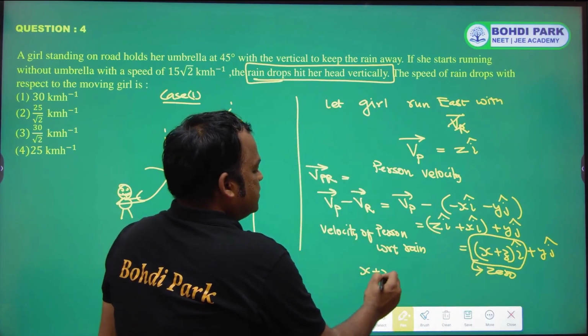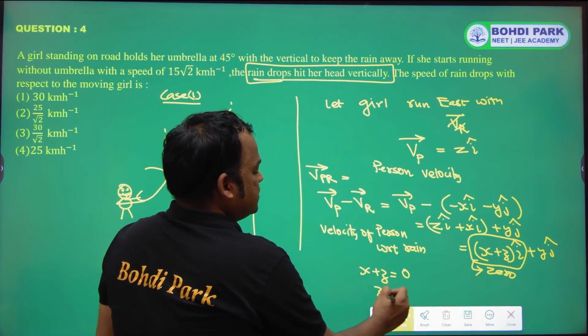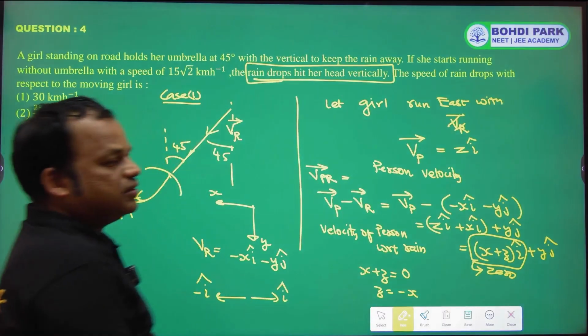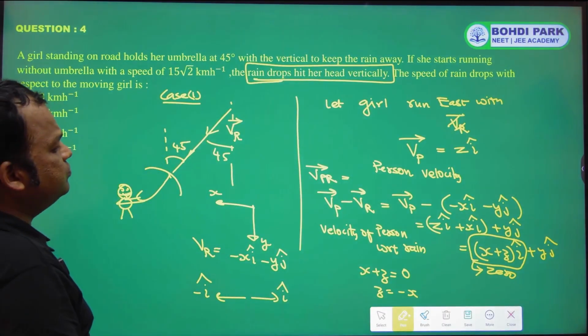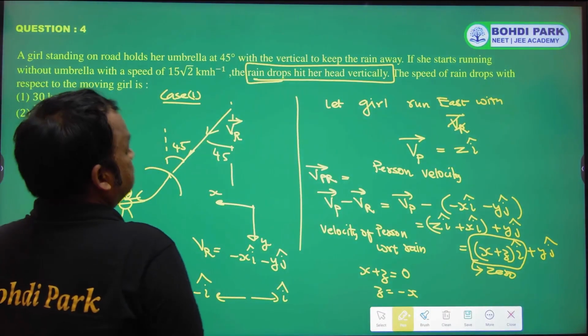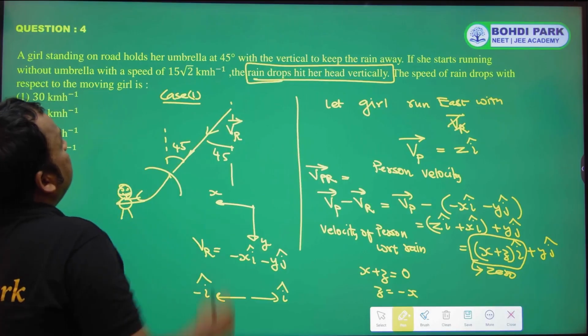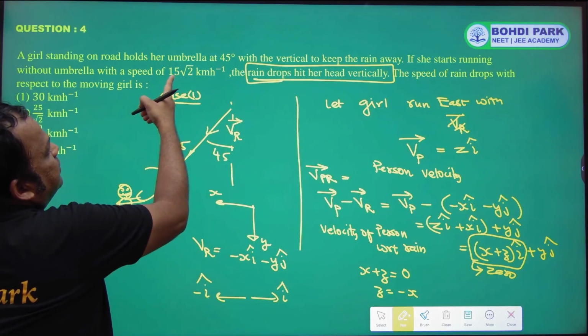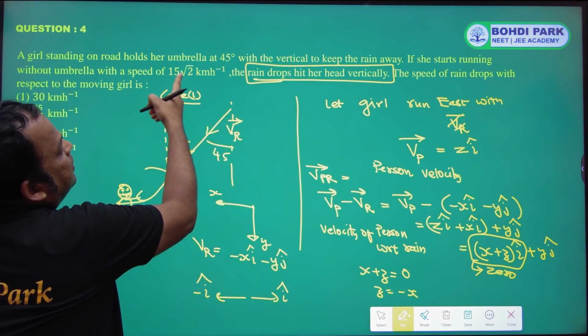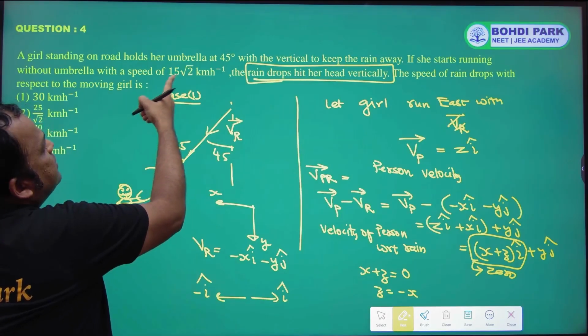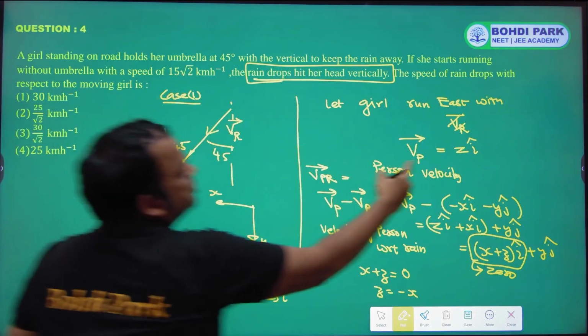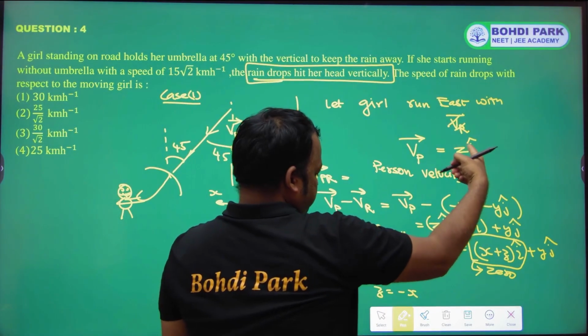So x plus z is equal to 0, so z is equal to minus x. And this is given actually. The x component of the velocity of girl is given 15√2. So the magnitude of z is 15√2.